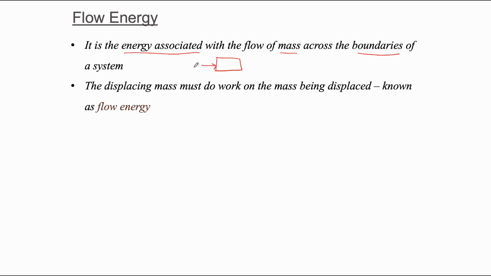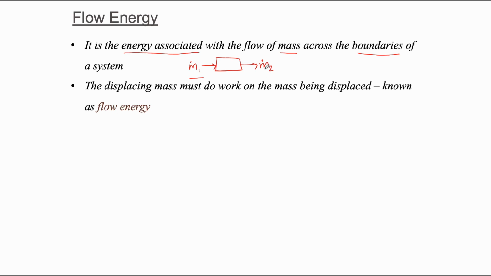Let's say a mass is entering, and because of the mass that is entering, the same amount of mass of fluid has to leave the system because the mass flow rate here is a constant. So, the displacing mass must do work on the mass that is being pushed out or being displaced.